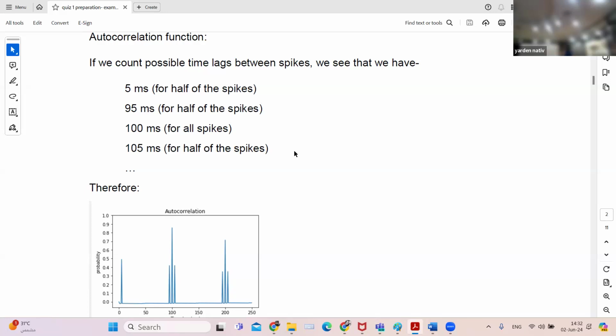Okay, and what does that mean? So let's take for example the 195 millisecond shift time lag. That means that if I shift the spike frame, what is the rate that the spikes here meet here? They meet at a rate of 1 spike every 100 milliseconds, right?